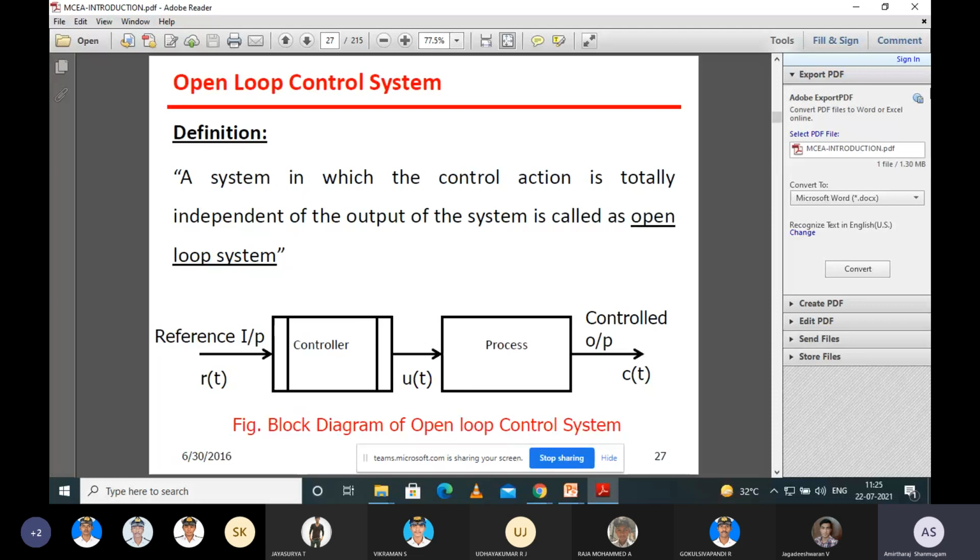So in our electric fan, the switch is on, the fan is rotating. Without a regulator, we cannot adjust the speed. That's all.